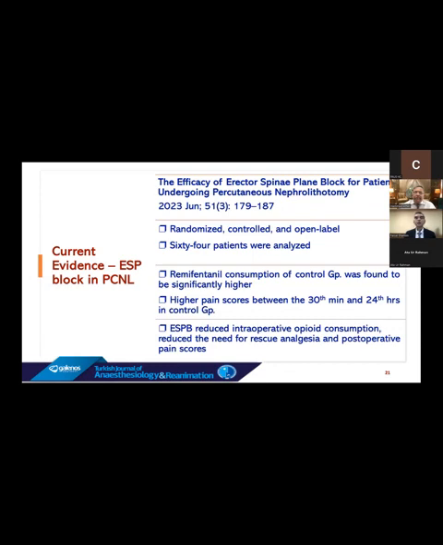It was a randomized, controlled, open-label study in which 64 patients were analyzed. Remifentanil consumption of the control group was significantly higher, with higher pain scores between the 30th minute and 24 hours in the control group. The erector spinae plane block reduced intraoperative opioid consumption, the need for rescue analgesia, and postoperative pain scores.